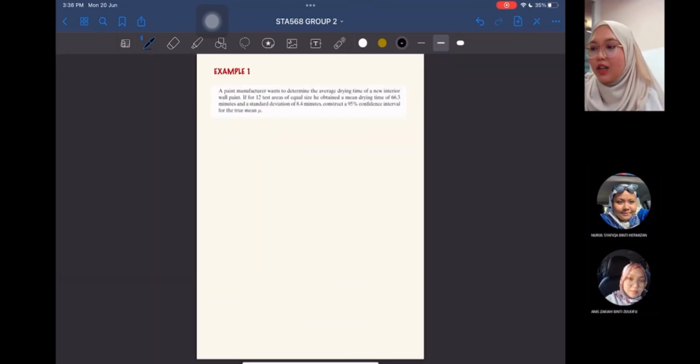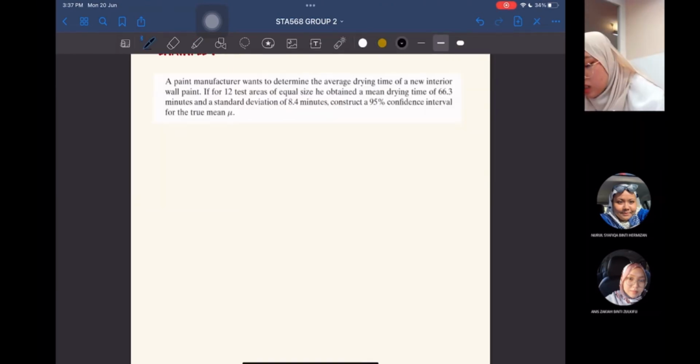So now let's take a look at example 1. A paint manufacturer wants to determine the average drying time of a new interior wall paint. If for 12 test areas of equal size, he obtained a mean drying time of 66.3 minutes and a standard deviation of 8.4 minutes, construct a 95% confidence interval for the true mean mu.